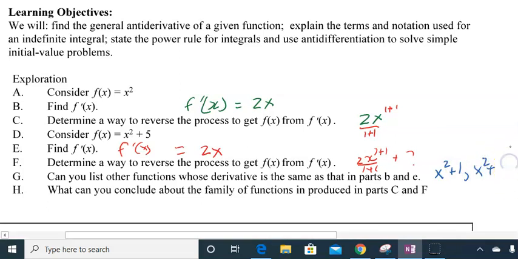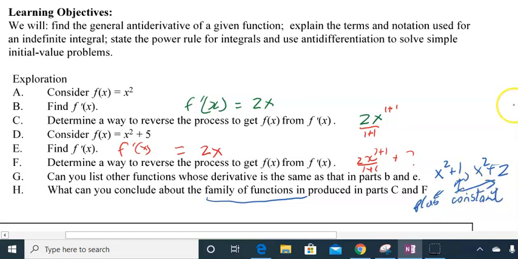Anything with an x squared, like x squared minus 1. So there is a family of functions that produce the same derivative. In all these, there's some constant. So any x squared plus some constant.